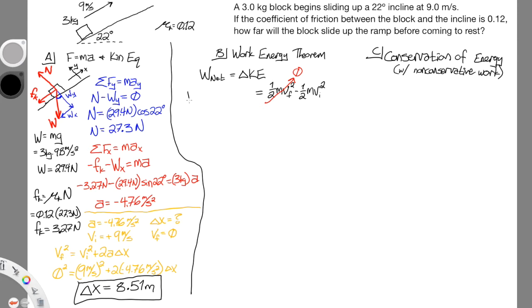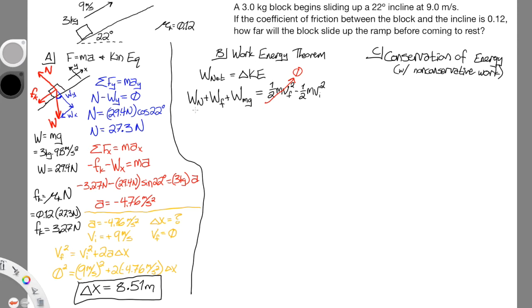We have the normal force, the force of friction, and the force of weight, which I'm going to label with the subscript mg so that we don't have w subscript w. But if we find the work done by each of these 3 forces and add them all up together, then we will have the work done by the total force, or the work done by the net force, or the net work.